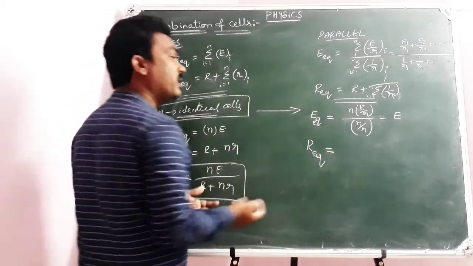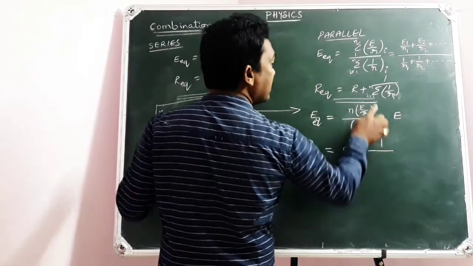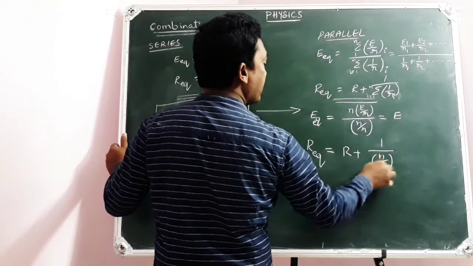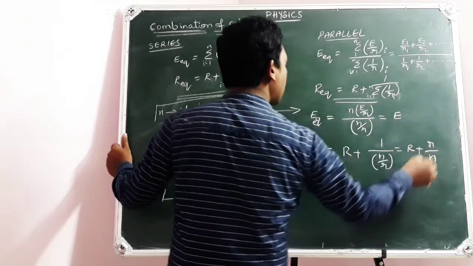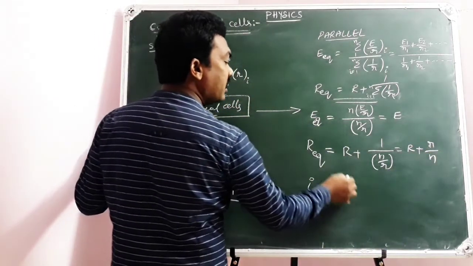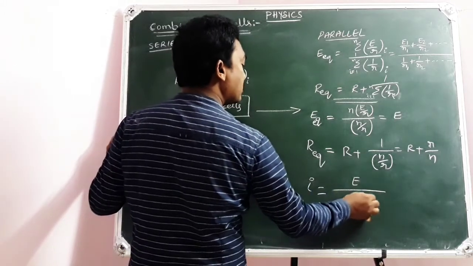But according to this, if you write R plus 1 by sigma of 1 by R, that is 1 by R plus 1 by R and so on, it's going to be n by R. This is going to be R plus R by n, the equivalent resistance. So circuit current is equal to equivalent EMF by equivalent resistance.